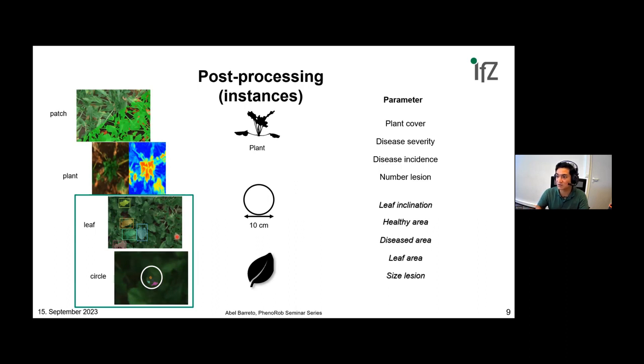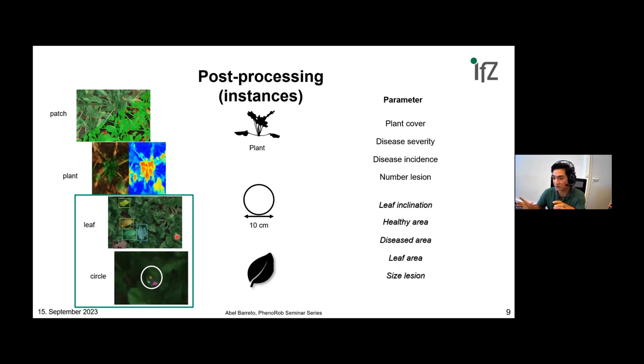The disease severity, which is the ratio of diseased classes with complete vegetation area. You can quantify if at least one diseased point between the instance is, detect this as a diseased unit, and then by a sampling, extrapolate as a disease incidence value. You can quantify the number of lesions also by clustering the diseased output, the diseased matrix.